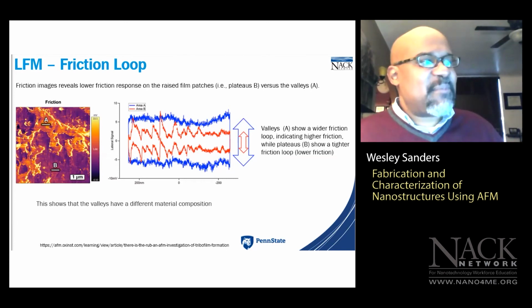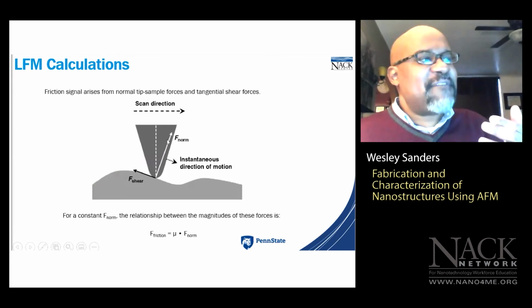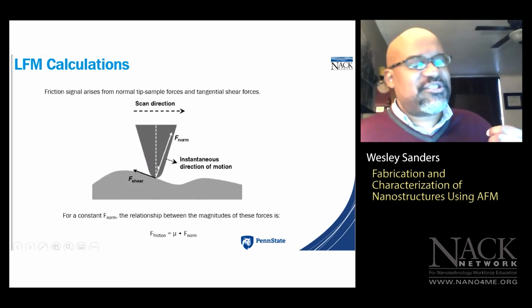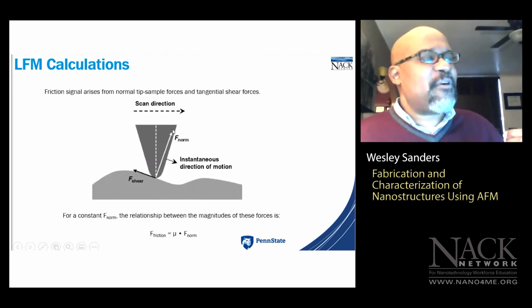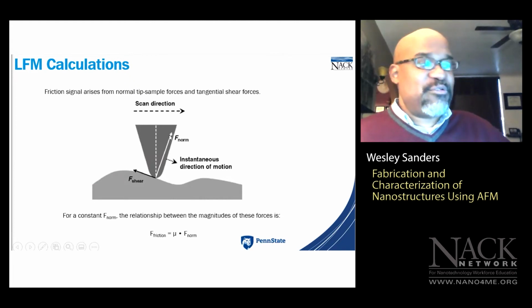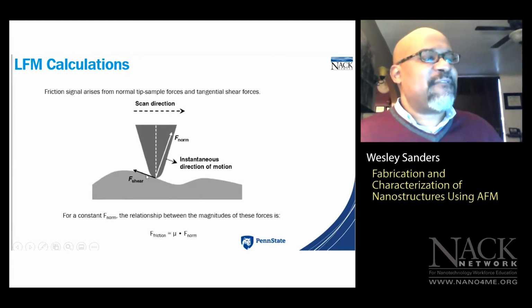So, like I said before, during LFM scanning, the tip experiences two forces: the normal force that's applied by the user via the set point, and the frictional forces that the tip experiences as it scans the sample. So by using this very simple equation, you can see the relationship between the frictional forces, the normal forces, and the coefficient of friction.